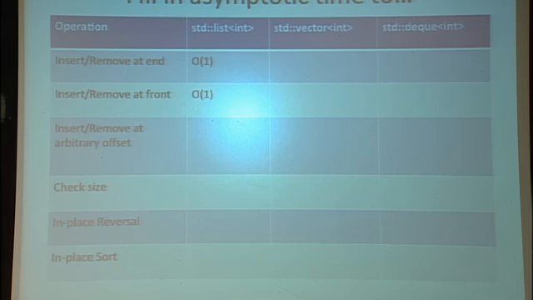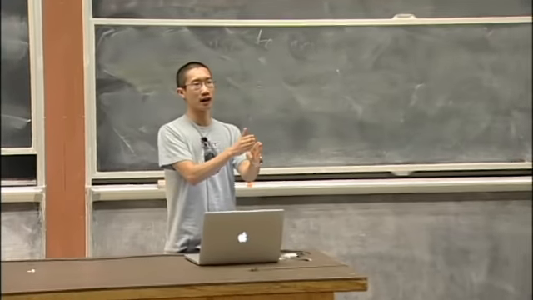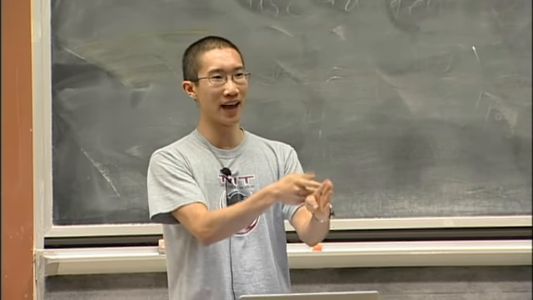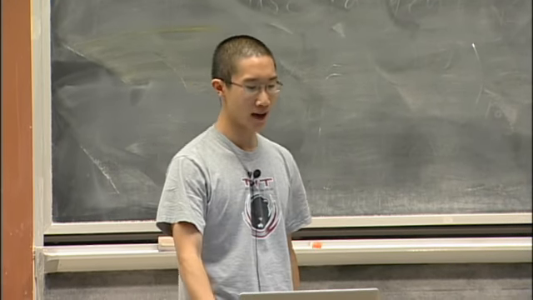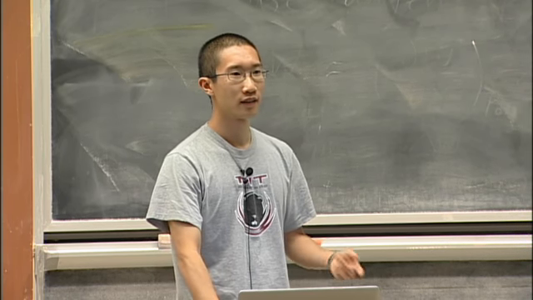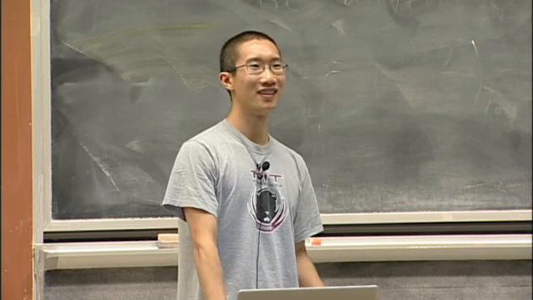All right, so next is inserting and removing at an arbitrary offset. What I mean by that is you have an iterator to a particular point inside the list. Now I say insert this element n elements away from that iterator. How long does that operation take? How many people say constant time?